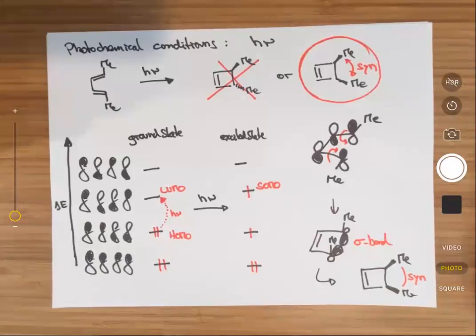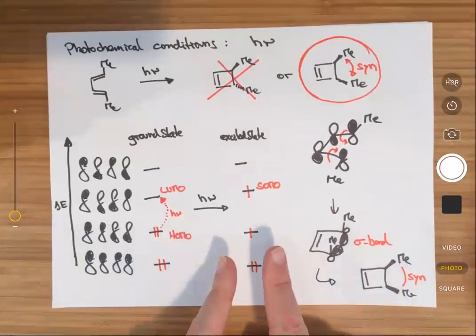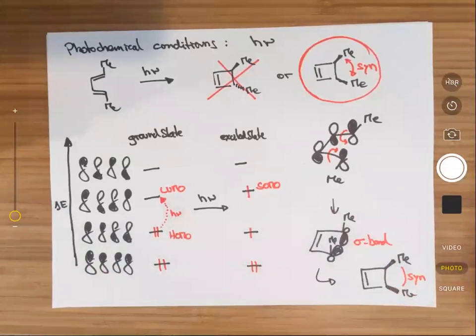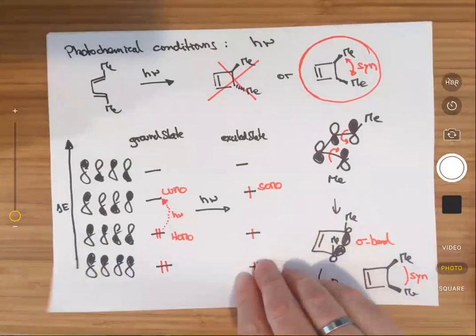You can pick any arbitrary conjugated pi system, and if you know the rules, you can predict whether you have to rotate conrotatory, so both in the same direction, or disrotatory, in two opposite directions, right? I'm just going to give you one example that summarizes this concept with a really long extended pi system, that we're going to finish today's lecture with.